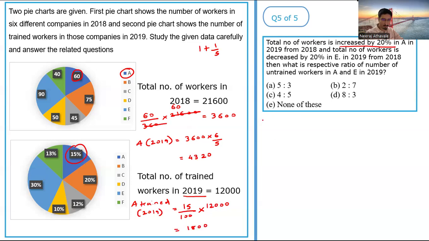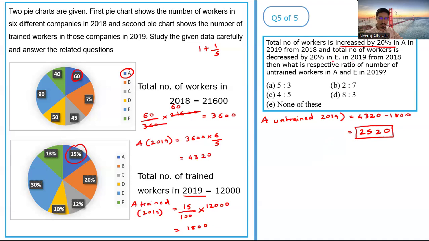So therefore, A untrained workers in 2019 will be 4320 minus 1800. So it comes out to be 2520. So this is A untrained in 2019.